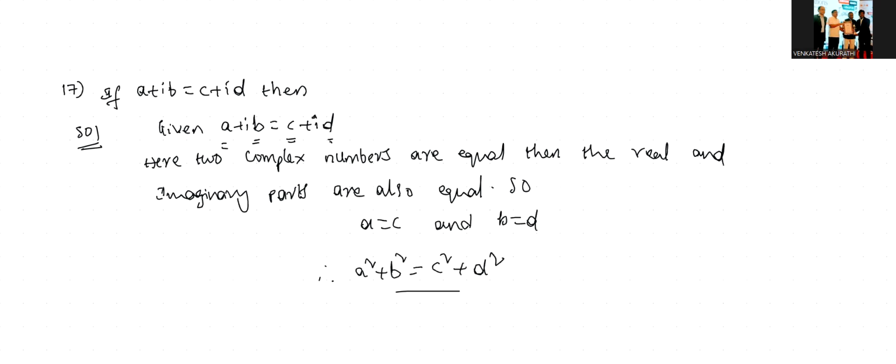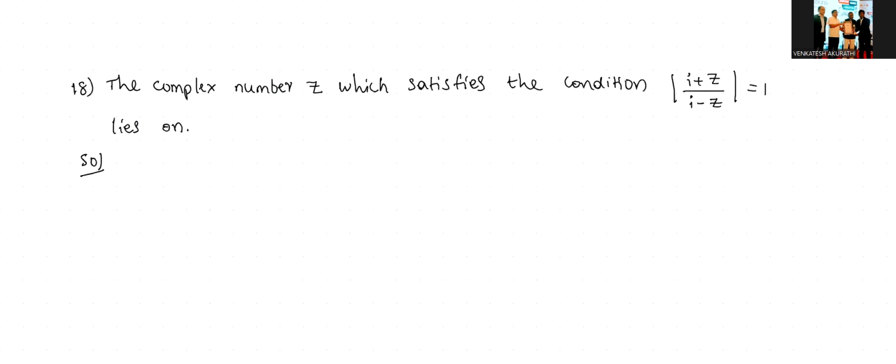And the next problem: the complex number Z which satisfies the condition mod of (I plus Z) by mod of (I minus Z) is equal to 1 lies on... So given mod (I plus Z) by mod (I minus Z) is equal to 1. Let Z is equal to X plus I y.